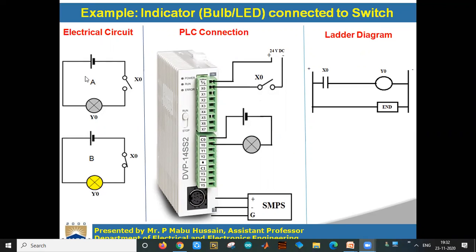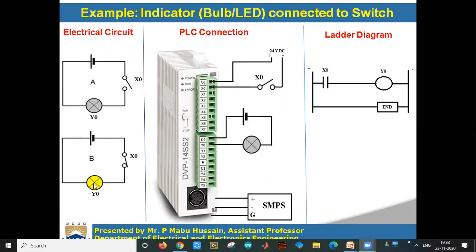Okay, this is a simple electrical circuit. So now if you close this switch, your Y0 will glow. So a switch is represented with X0 and an LED is represented with Y0. Whenever you close this switch, your LED will glow. So this is the simple electrical circuit.